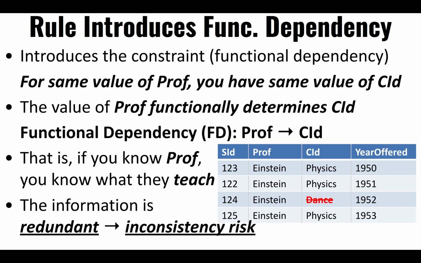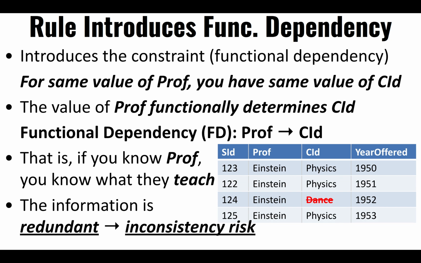If you tell me that Einstein can only teach physics, well, if I know Einstein, there's no need for you to tell me that's physics. Obviously, they're teaching physics. There's no need even to capture it. One implies the other. But without that functional dependency, without that rule, there is no dependency. They would be fine with Einstein teaching something else other than physics.